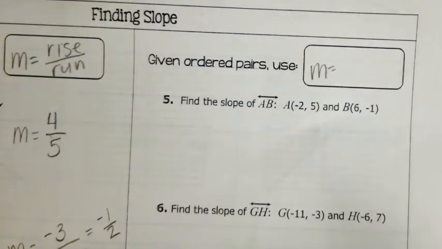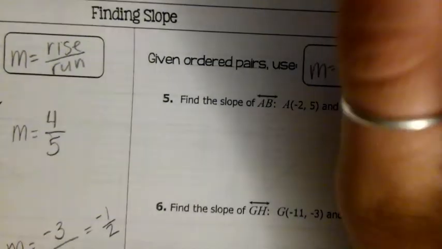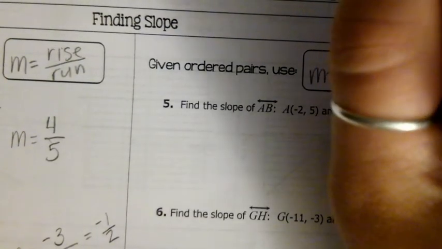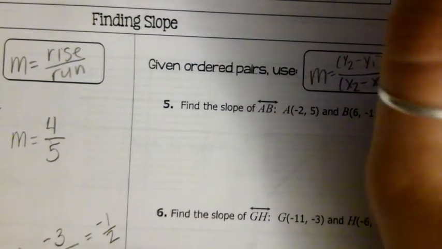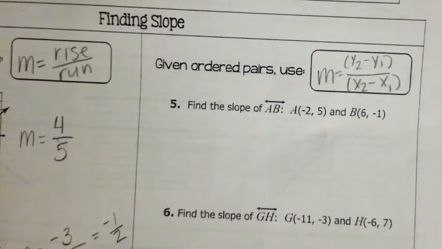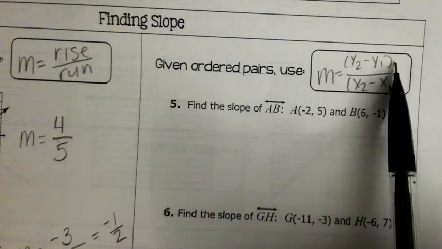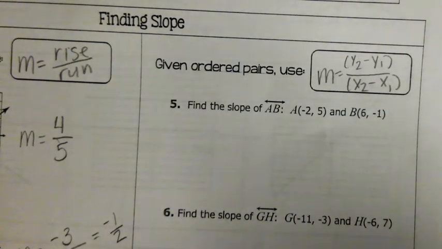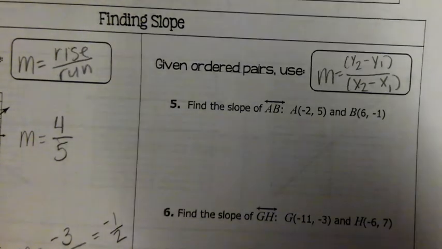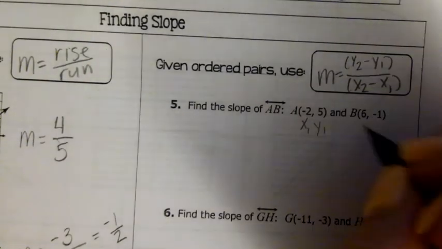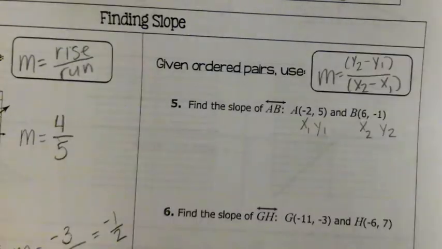Another way to find slope is using the slope formula, which is y2 minus y1 over x2 minus x1. It doesn't matter what point you use first, so you can do y1 minus y2 and x1 minus x2, just as long as they're the same on the top and the bottom. So let's try number 5. Name an x1, y1, x2, y2.